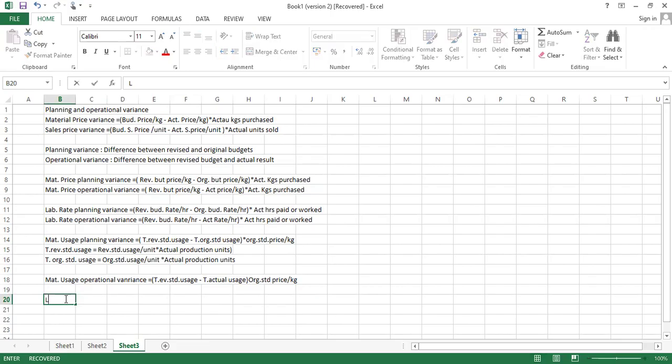Next one is labor efficiency planning variance, with the same concept as material usage planning variance: total revised standard hours minus total original standard hours, into original standard rate per hour.